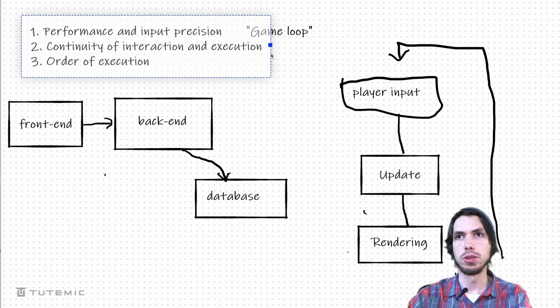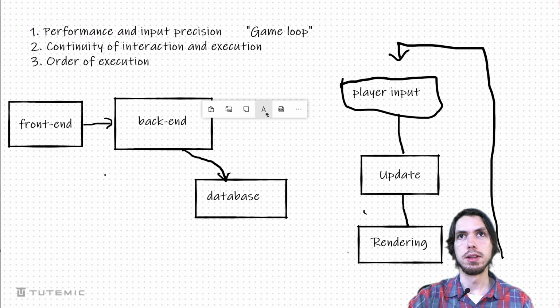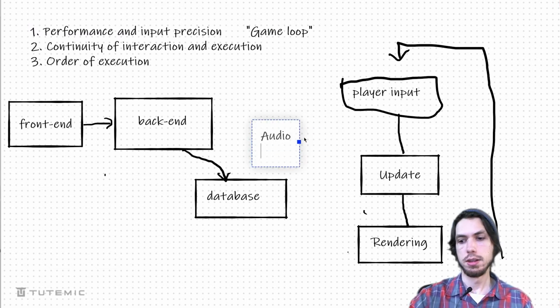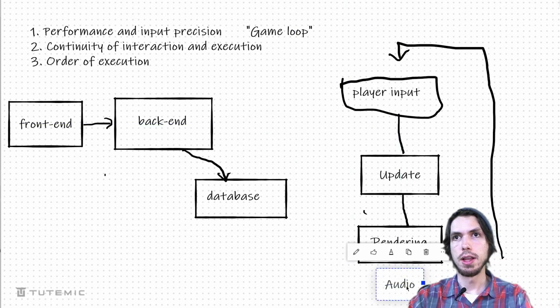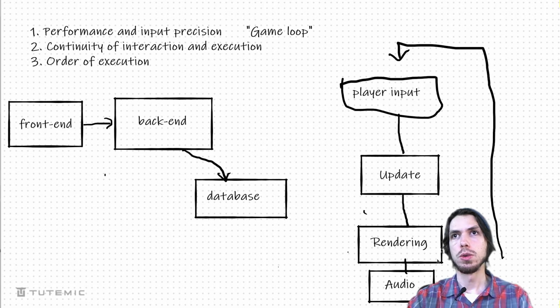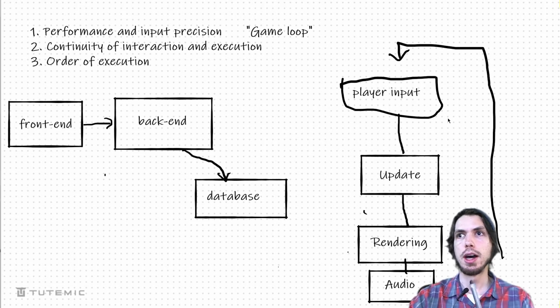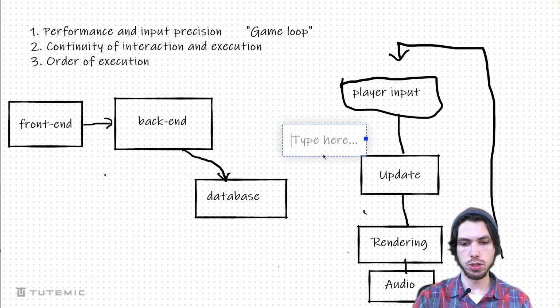So it might be there's rendering, and then maybe there is audio, and maybe in addition to rendering, there might be something like animation or something like that. And maybe even before there's player input, there might be, like initialization, right?